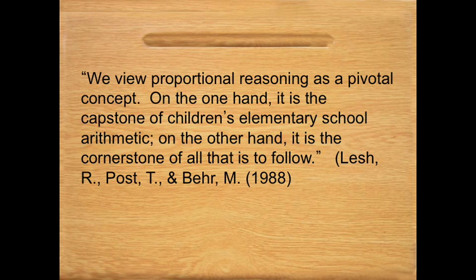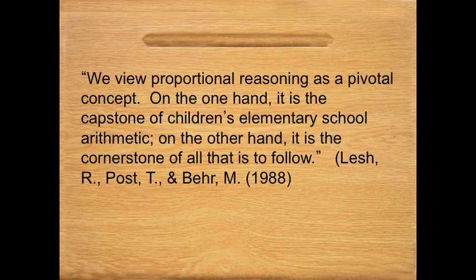If we look at some of the research on ratio and proportion, it has been viewed that proportional reasoning is a pivotal concept. It is a culmination of what the children do in grades 3 through 8 in being able to reason proportionally. As it's stated, it is the capstone of children's elementary school arithmetic.